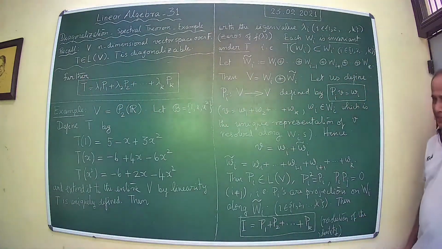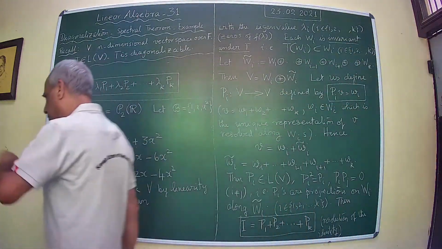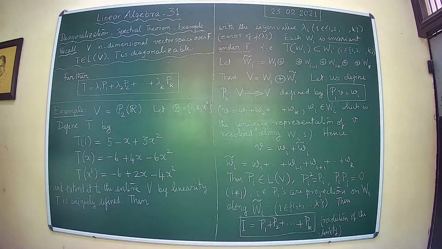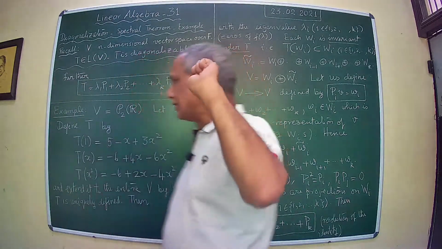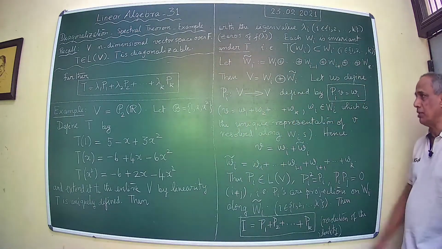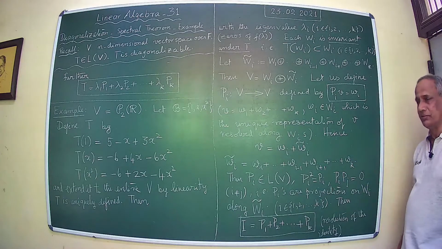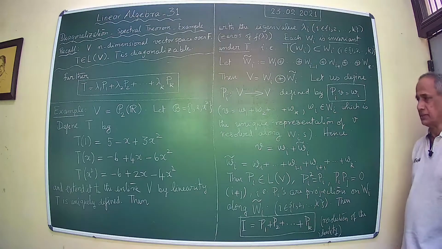We want to get hold of the eigenvalues. To get hold of the eigenvalues, what you do is you migrate to F n cross 1 through the isomorphism subordinate to the ordered basis that you have. And once you do that, T takes a matrix representation.